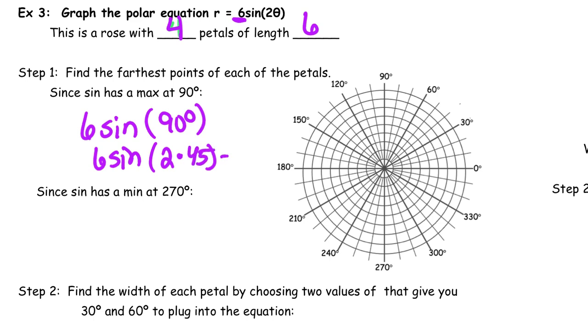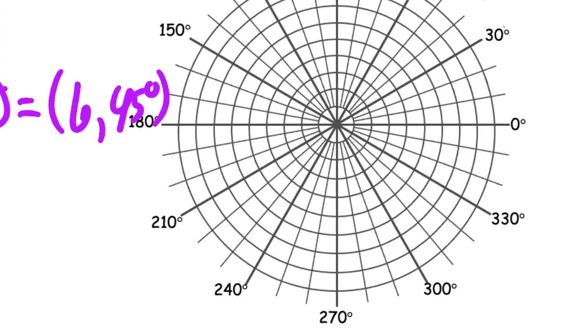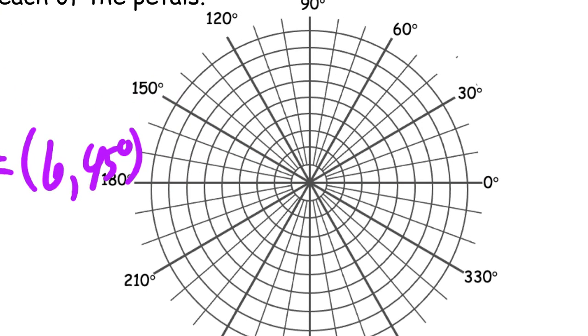That means my answer is going to be something 45 degrees. So what do we get? 6, 45. And this is going to be the length. So when I go to 45, I'm going to count out 1, 2, 3, 4, 5, 6. That's the length of my petal. That's one of my petals so far.